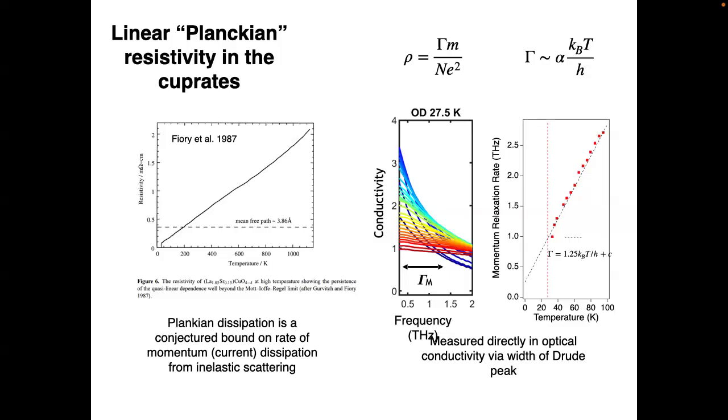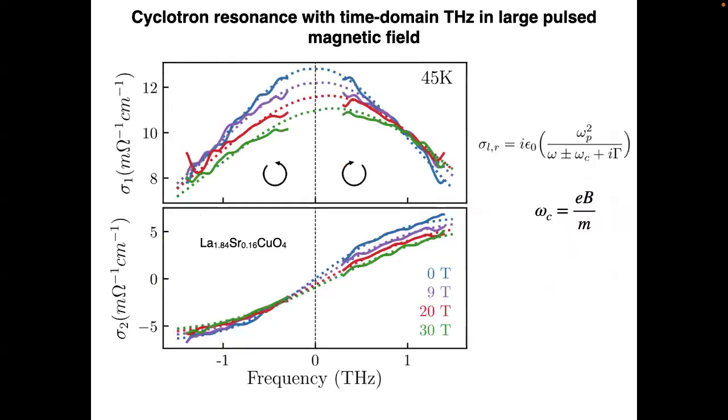Another kind of experiment that we might be interested in is this one here. Again, lanthanum strontium copper oxide, keeping it on the same page. This is the real and the imaginary parts of the conductivity, but where we've done experiments in very large magnetic fields. These are new data that came some years ago in collaboration with my group and a group of Scott Crooker at Los Alamos National Lab and the National High Magnetic Field Lab.